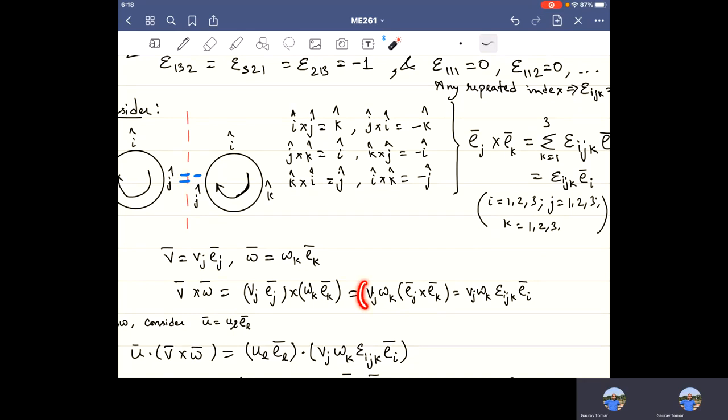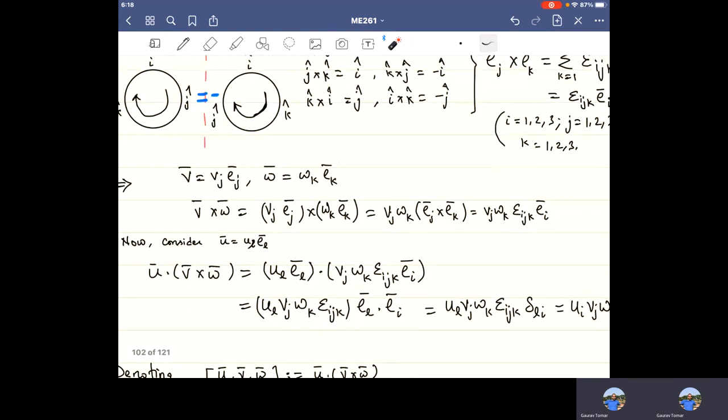So we pull out Vj Wk, and what you're left with is Ej cross Ek. Now this is what we have already seen: it is essentially this summation, epsilon ijk ei. So your V cross W can be written in terms of the components of V and W, the Levi-Civita symbol, which is a permutation symbol, and ei vectors. So this is the summation over this. j is also repeated, k is also repeated, and i is also repeated. So finally it is a summation over all the ijk's.